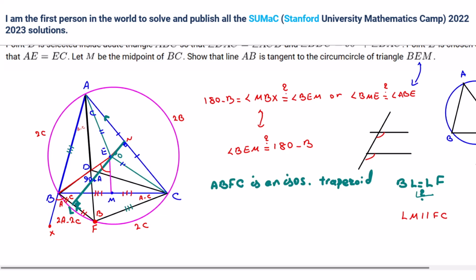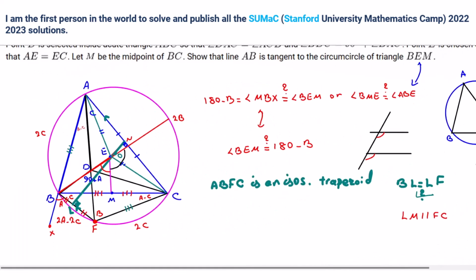Let's extend, because 180 minus B we have. Here, if we extend this, okay. If we extend this, we know that we should prove this angle is equal to what?